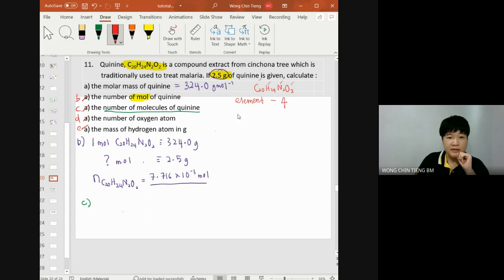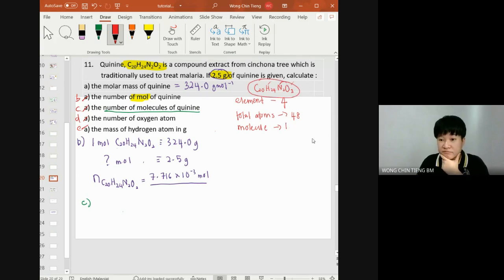What is the total number of atom? How many atoms is that? 48. 20 tambah 24 tambah 2 tambah 2. Setuju? But if the question only asking for molecule, this whole thing is actually one molecule.